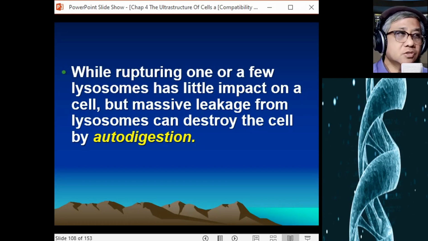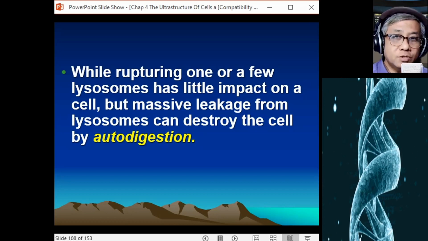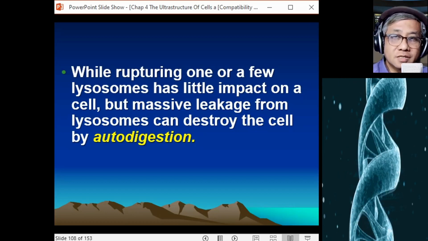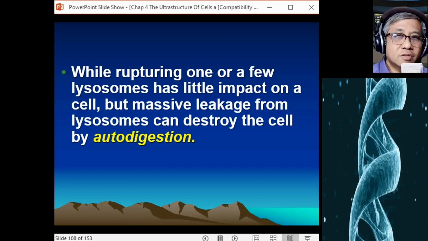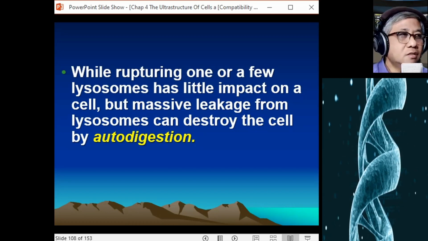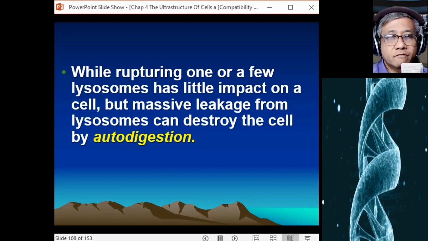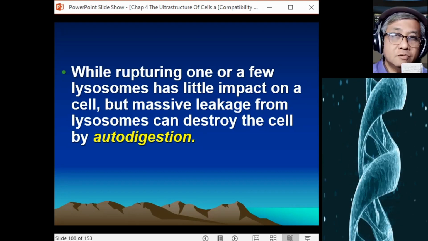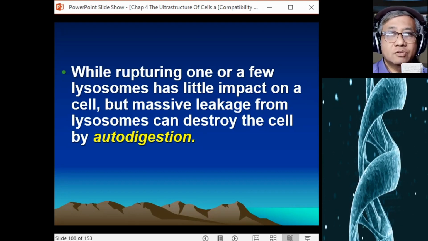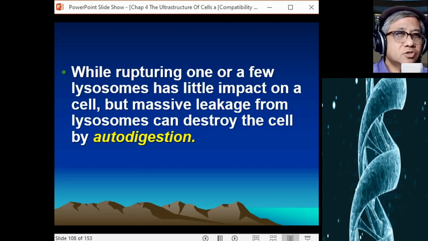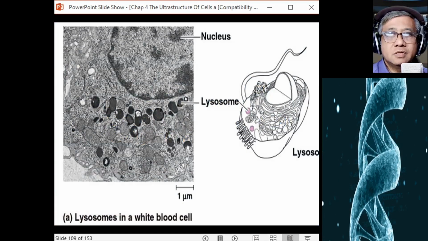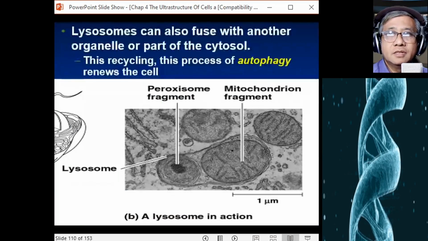Now, the disappearance of the tail has something to do with these enzymes leaking out. So we call that autodigestion in the developmental process of certain animals. Like tadpoles, as they mature, they lose their tail. So that's autodigestion.